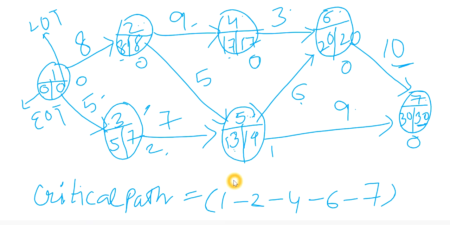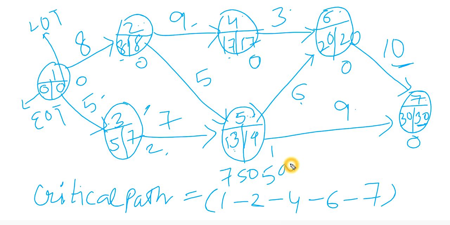Now moving forward, if you remember, we have calculated the cost to expedite per week at the start of the question. Now I'm going to write the cost per week here of all the activities of critical path. So the cost per week for 1 to 2 is 750. Then 2 to 4 is 500.